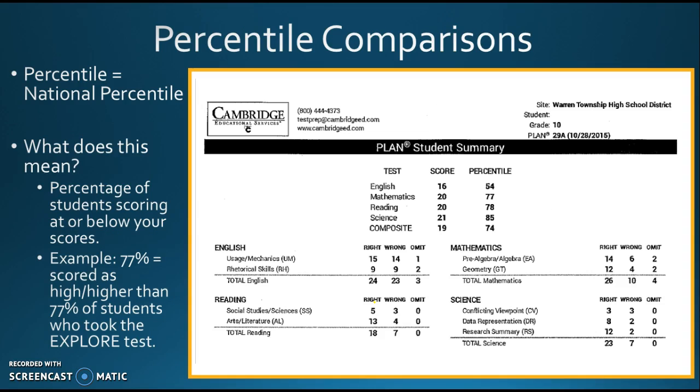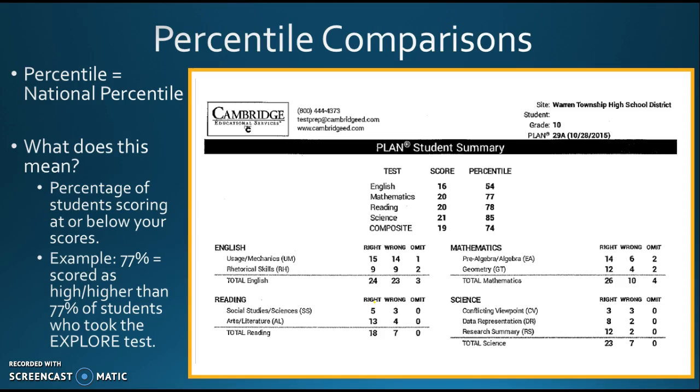The percentile noted on your student summary is a comparison of all the students who took the Plan test in 2013 to 2014 nationwide. What does the percentage mean? It tells you the number of students scoring at or below your score.